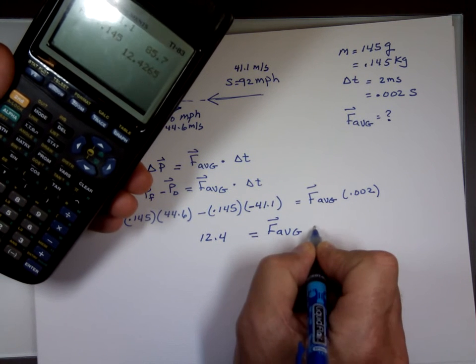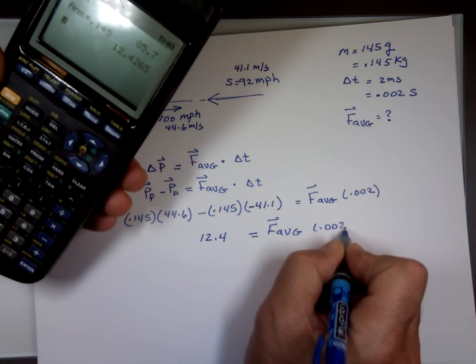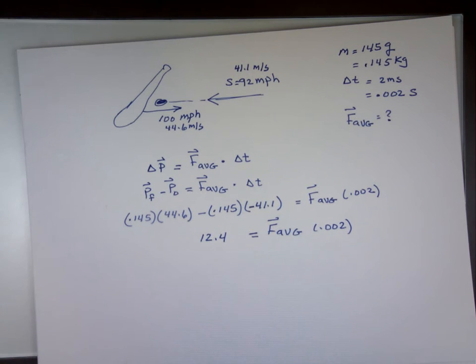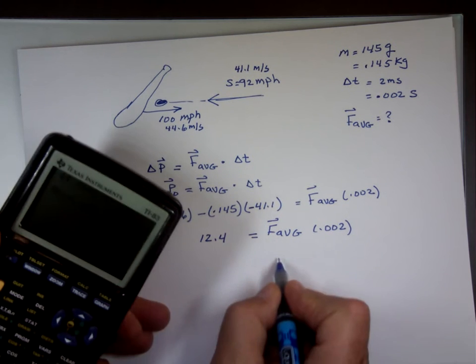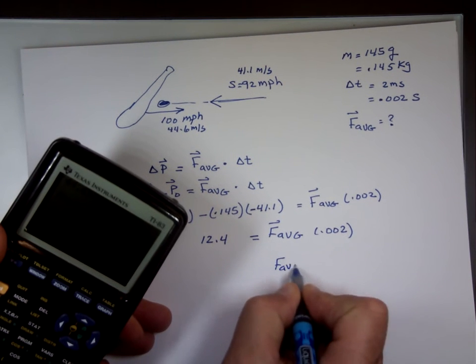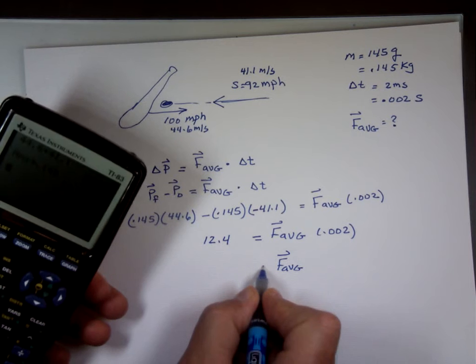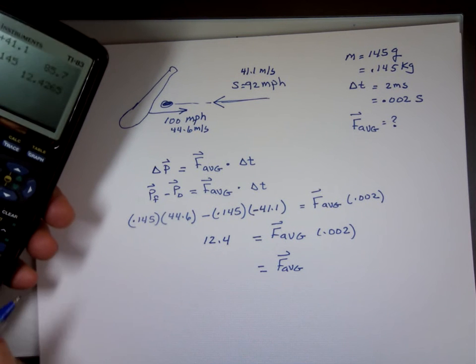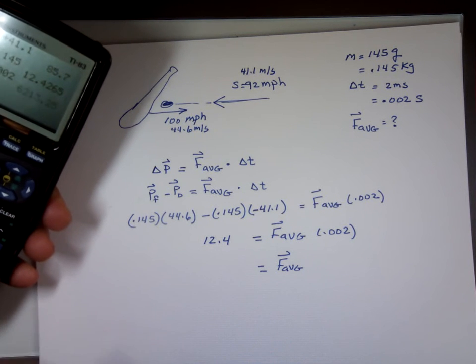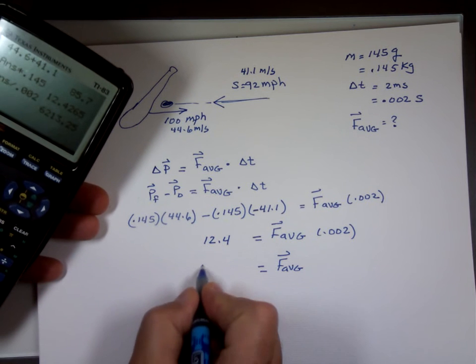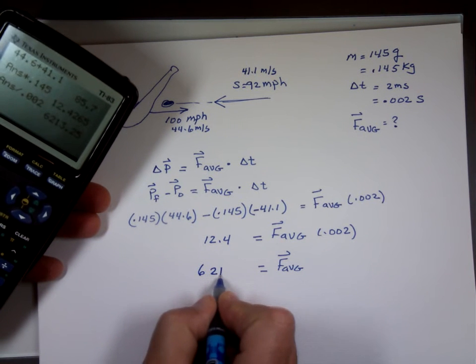You've got to add them. Minus and minus, that's a plus. So to find the average force, what do we do? Divide by 0.002. And it's 6,213 Newton. That's the average force between them.